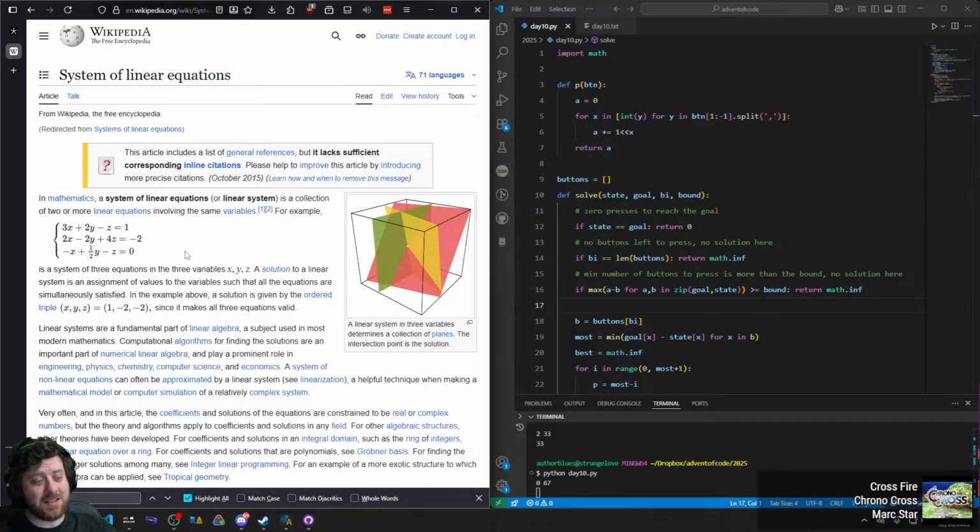Because we're not trying to figure out one answer. That's the problem. We're not trying to figure out which buttons you need to press to accomplish this thing. We know that there are multiple solutions and we're trying to find the optimal one. This is linear programming, if nothing else.